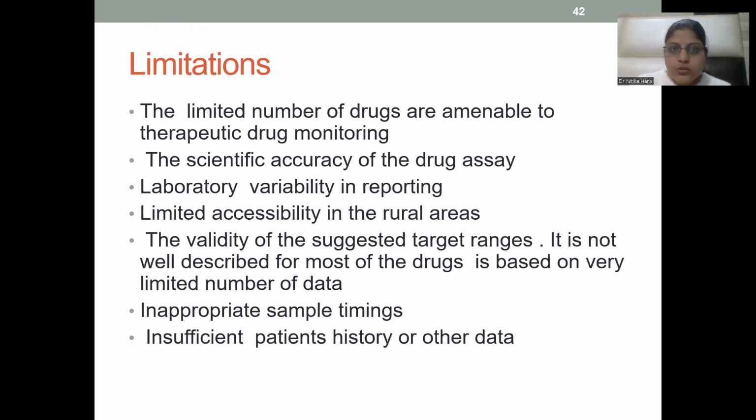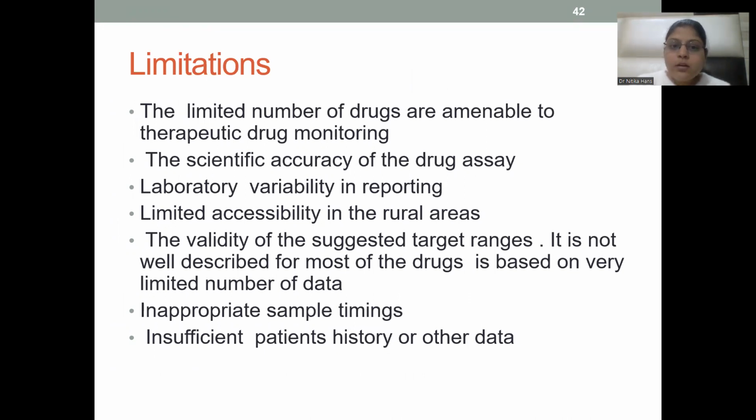Now, what are the limitations? There is a limited number of drugs available for therapeutic drug monitoring, accuracy of the drug assay is needed, and there can be laboratory variability in reporting. There can be limited accessibility in rural areas.